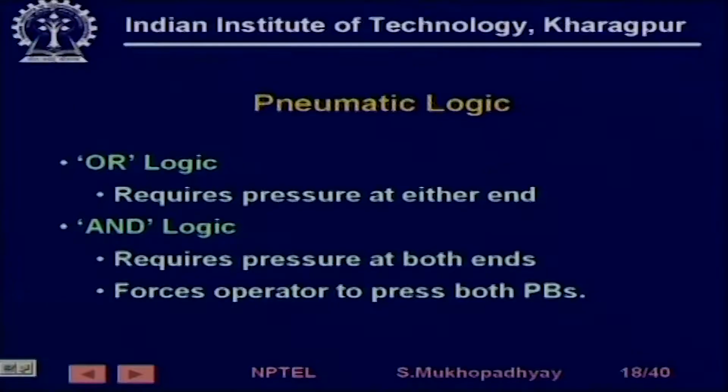Initially rubber has to be kneaded before it can be molded in the form of a tire. In such cases it is to ensure that when the roll is rotating, the operator's hand is nowhere near the roll. That can be ensured very easily by requiring that to rotate the roll you need to press two push buttons simultaneously. So you are going to use both hands, so you cannot make a mistake.